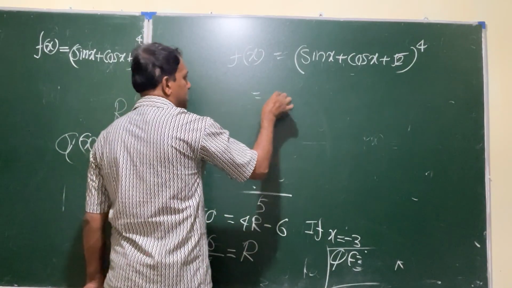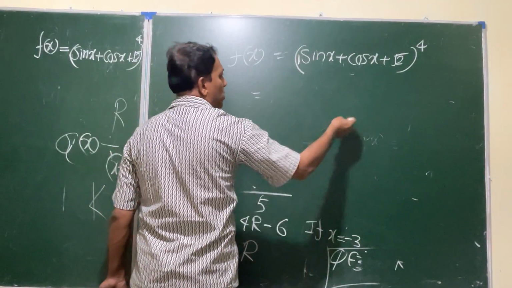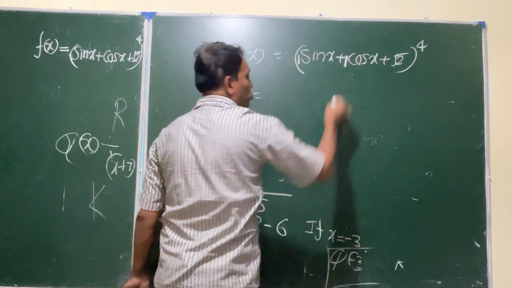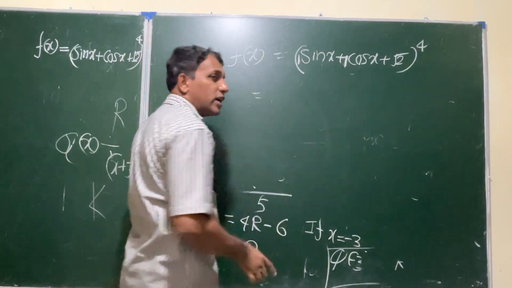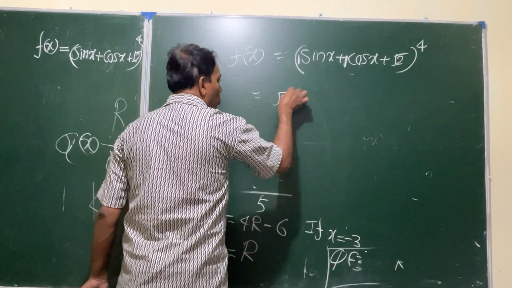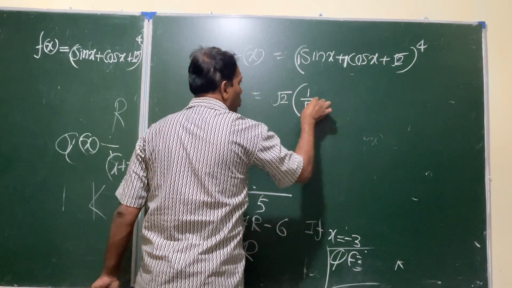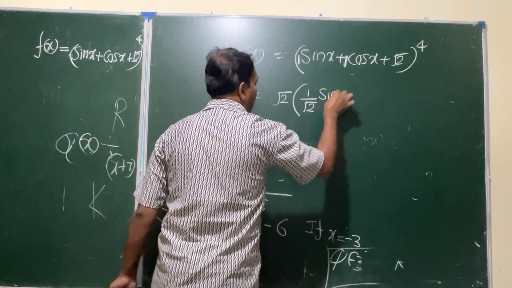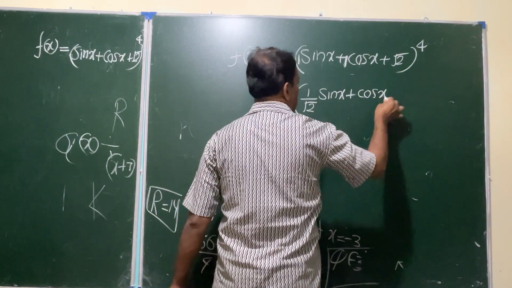Okay, see the method. The coefficient of sine is 1, coefficient of cos is 1, 1 squared is 1, 1 squared is 1, 1 plus 1 is 2. So take the square root 2 out and divide by square root 2 for this sin x plus cos x.